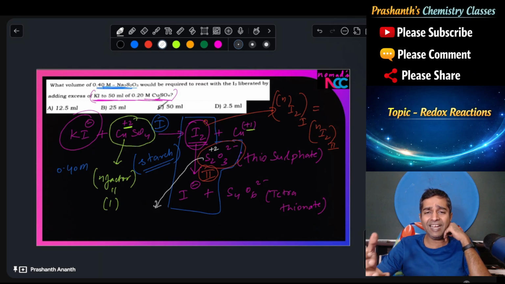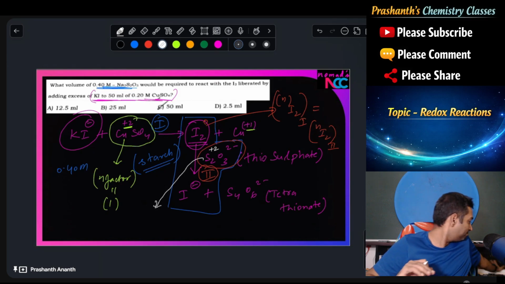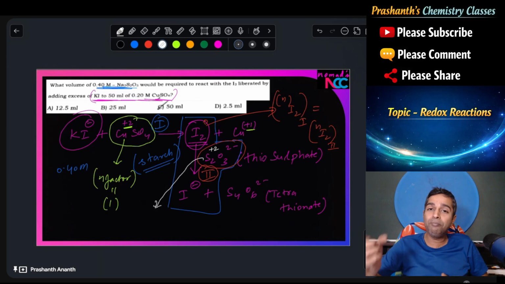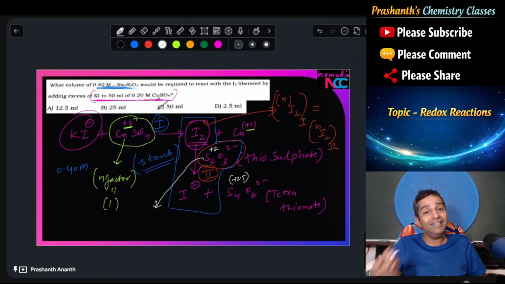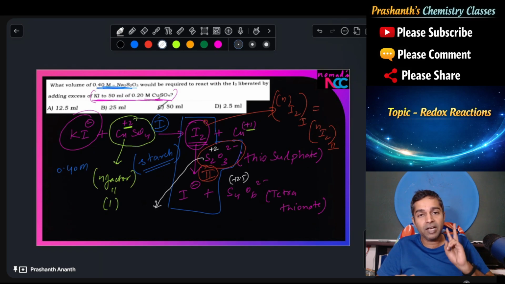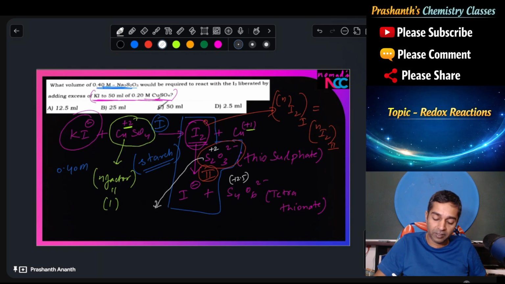Those 10 positives, which have to balance it out, have to be shared by 4 sulfur atoms, so it is +2.5. So per sulfur, the actual change in oxidation number in the second reaction is 0.5. In S2O3 2 minus, there are 2 sulfur atoms, so the N factor for this also is going to be 1.